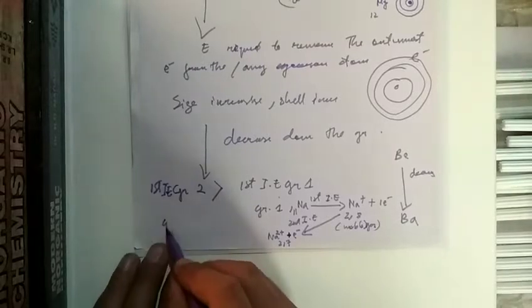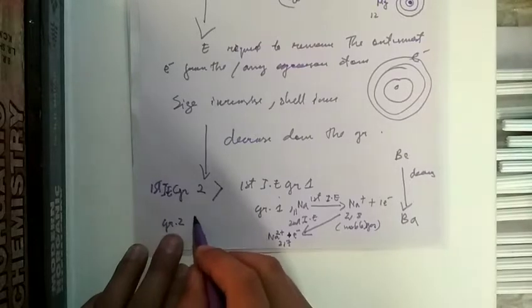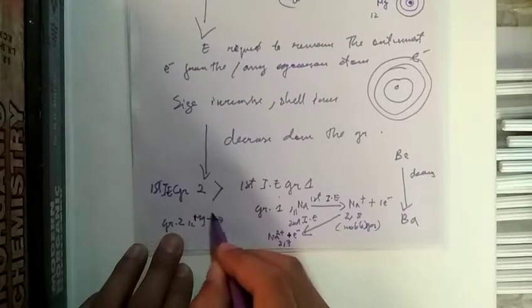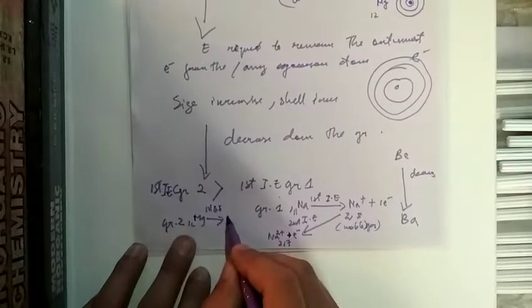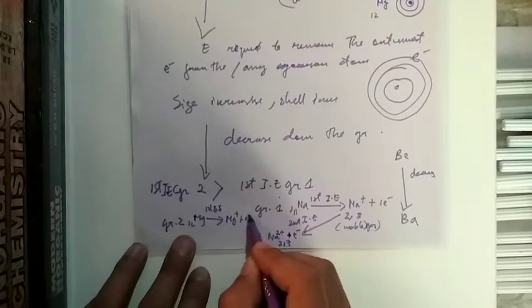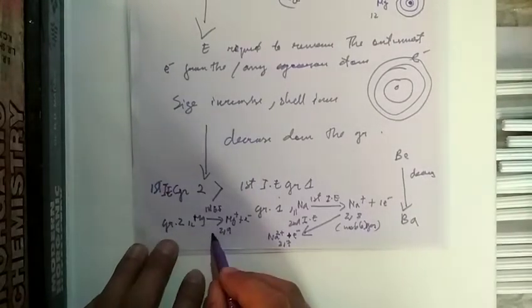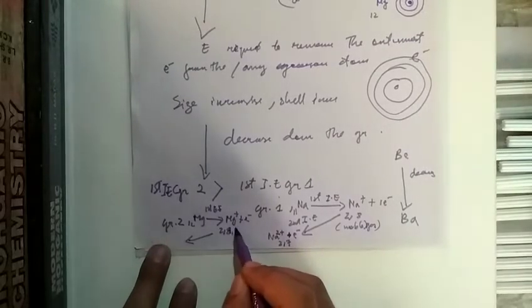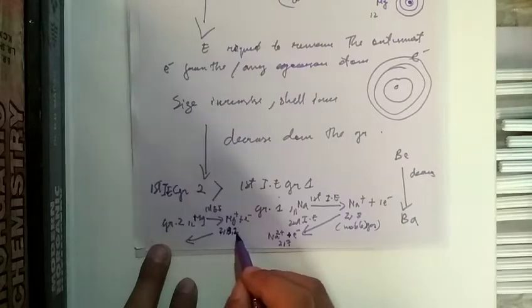Now let's see group 2, magnesium. For the first ionization enthalpy, it easily loses one electron to become Mg+. Sorry, it will be 2 8 1, not 2 9: first shell, second shell, third shell.